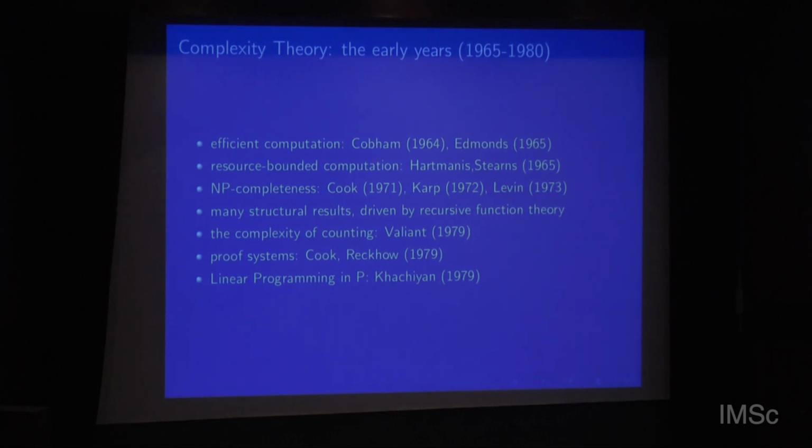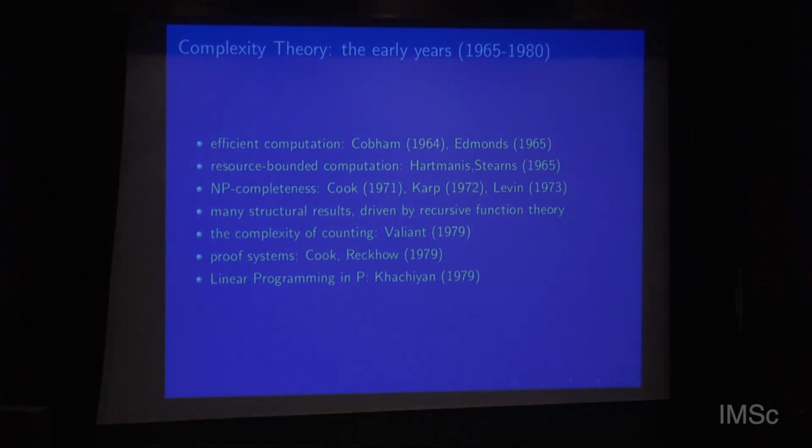Edmonds in particular was talking about algorithms for finding matchings, pairing up nodes in a graph perfectly, and he was looking for a notion of when this algorithm would be good enough, and he came up with polynomial time as the answer.